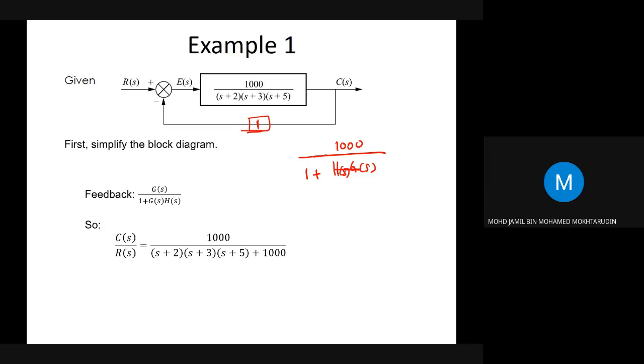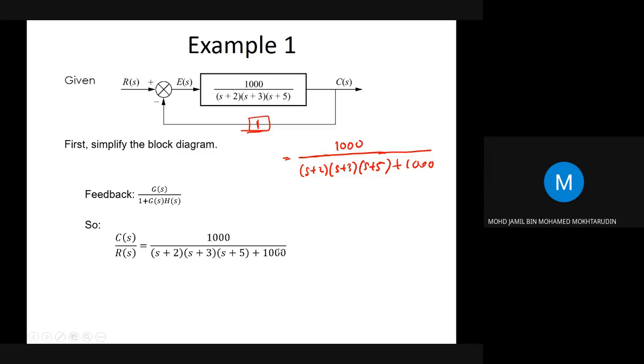So what you are going to do is you multiply this one by the denominator here, and then the denominator is divided from the numerator of C(s) over R(s). So cara cepat dia just tulis balik je lah, okay? 1000 divided by (s+2)(s+3)(s+5) plus 1000. Mungkin tak faham apa yang saya membebel, tapi bila korang buat exercise nanti, lama-lama korang tahulah, tulis balik je. Okay.